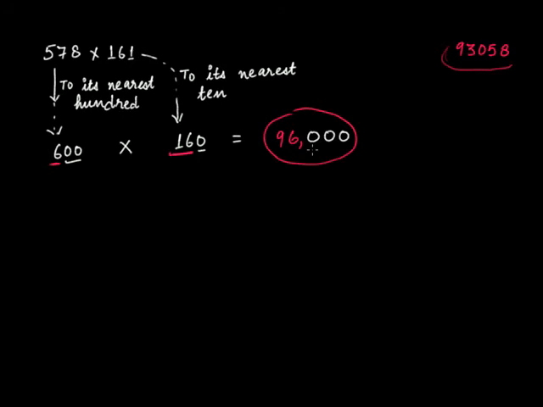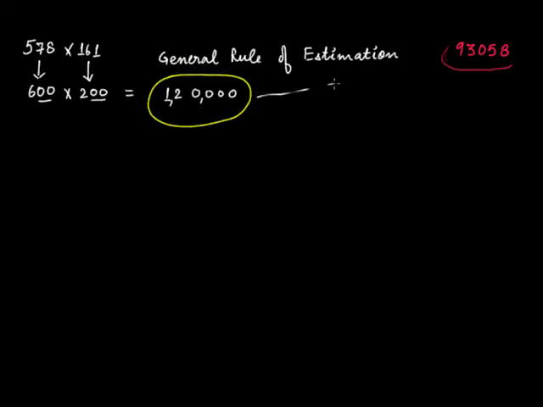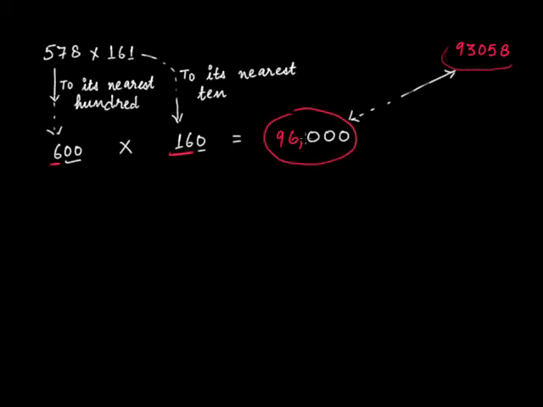In this case you have 96,000, right? So you can clearly see that it's quite close to 93,058, in comparison to the first one, which was 1,20,000. So it's much closer to 93,058.